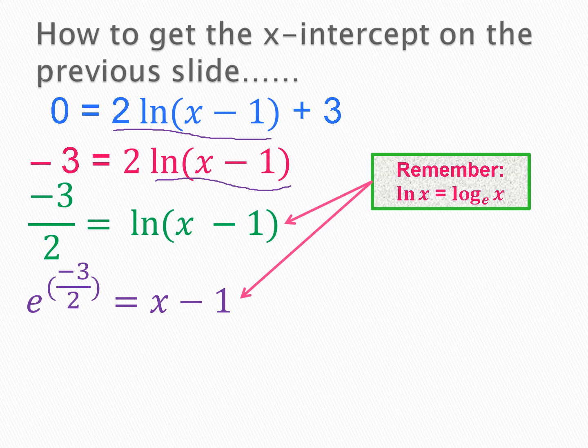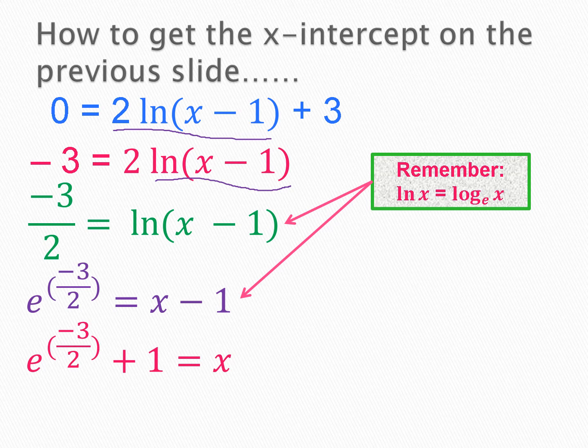Now, when you're entering this in your calculator, you're going to do second ln, and then you're going to put that exponent in parentheses, -3 divided by 2, close parentheses, okay? But to solve for x, we know we're going to have to add 1. So, again, going back to my calculator, we're going to do second ln to get that e. Then in the exponent place, we're going to open up a parentheses.